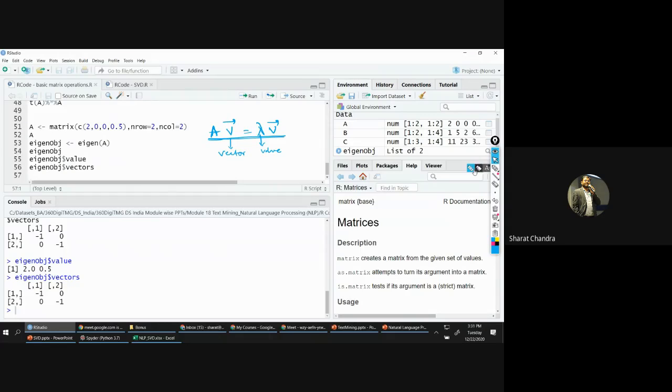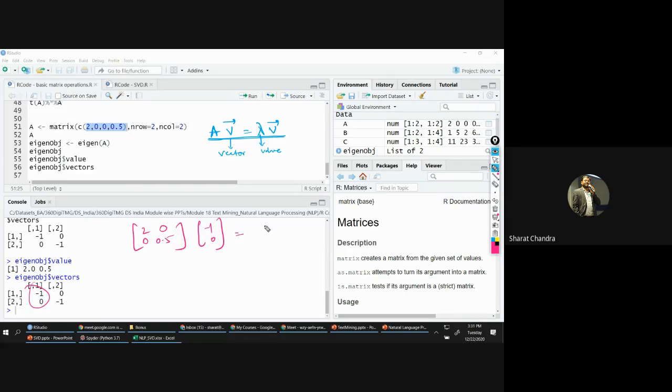So my matrix is this. This is your matrix. So I have 2, then 0, then 0 and 0.5. Yeah, this is my 2 by 2 matrix. I will take an eigenvector, let's say I will take this vector to start with: -1, 0.